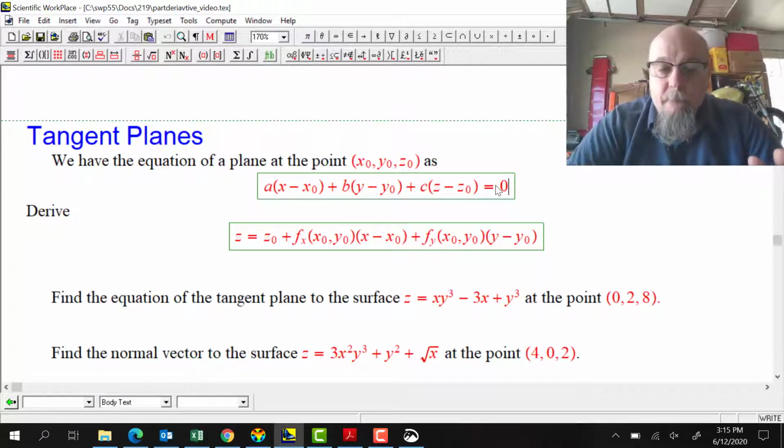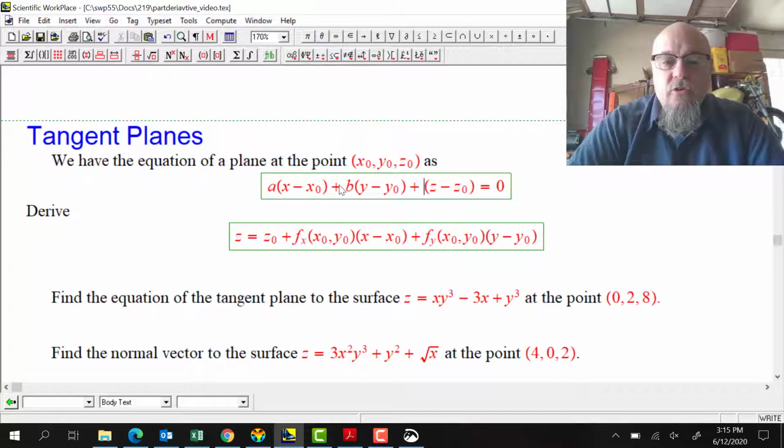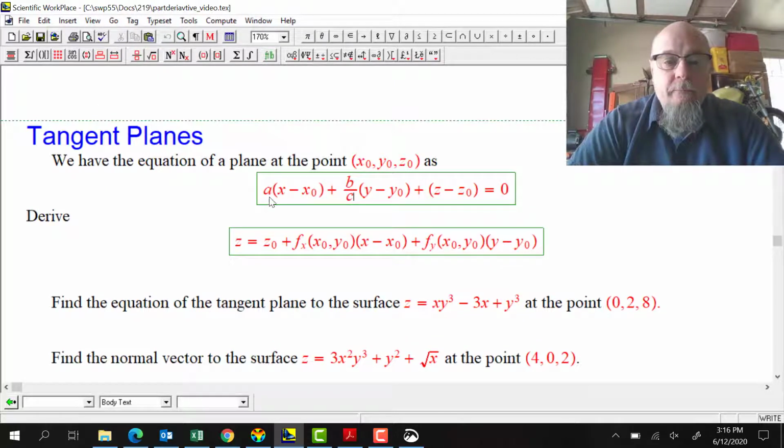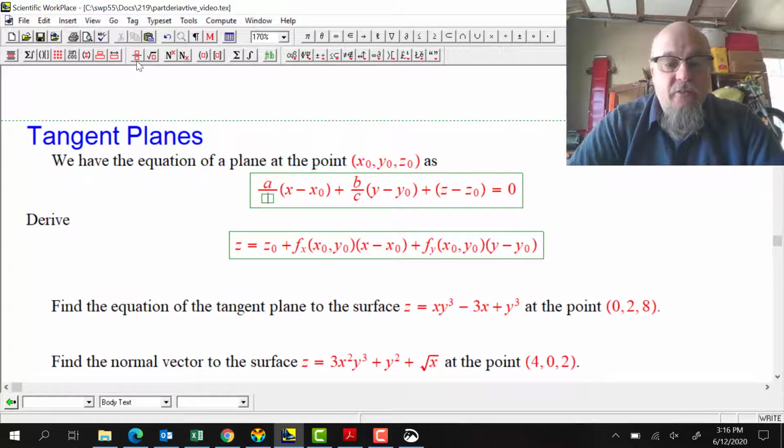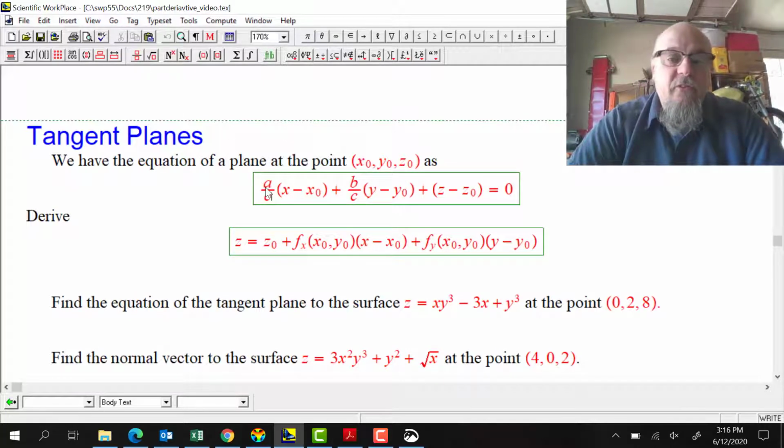To make our equations look a bit more like where I'm going, this second one here, where it says derive, that's what I'm doing. If I were to divide this whole equation by c, because this whole side is equal to 0, this would just be b divided by c, a divided by c, some number, b divided by c, some number.